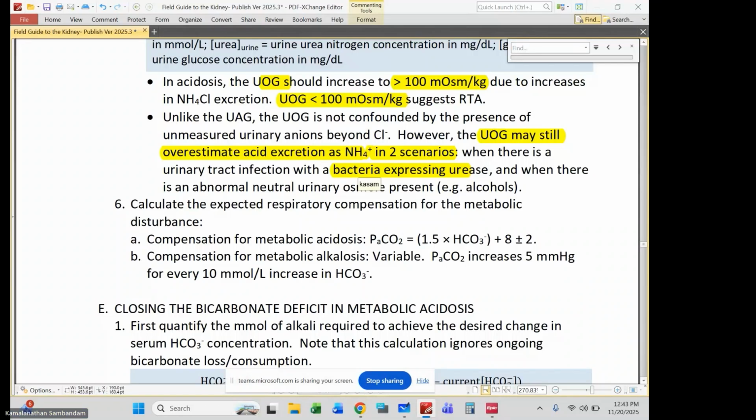So you've increased your urine osmolar gap by the presence of urea, but that's unfair. You need that intuition of what's happening in the tubular lumen, not in the bladder, in the UTI.